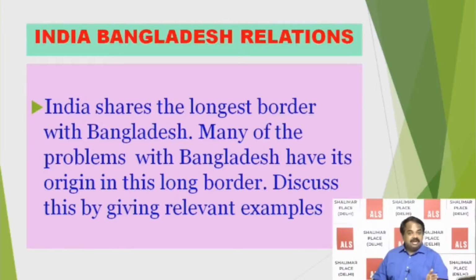It's very difficult to even make out that there is a border, because it is a history-induced, artificial boundary. On the basis of religion we divided. Hindu majority villages became India and Muslim majority villages became Pakistan at that time. So many of the problems are because of this very long border and an artificial division.